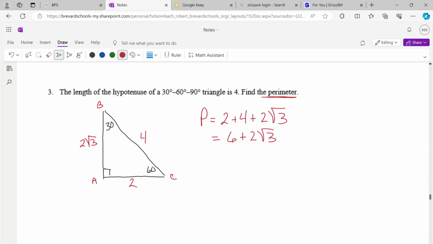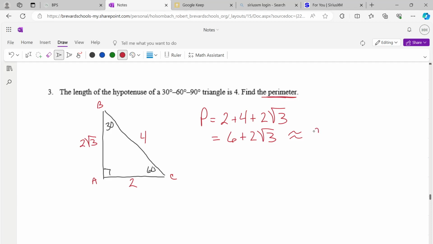If we convert this to a decimal, let's see, we're going to go 6 plus 2 times 3 square root and hit equals.